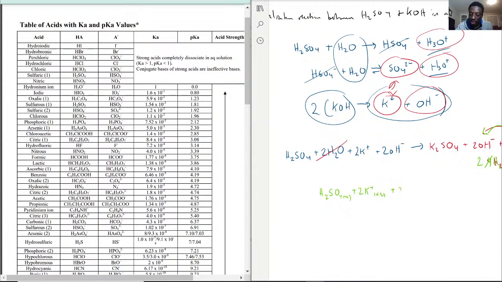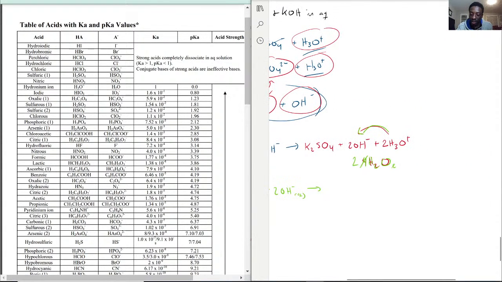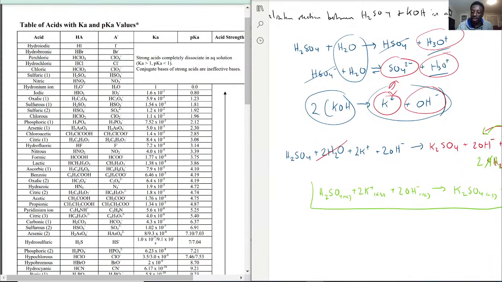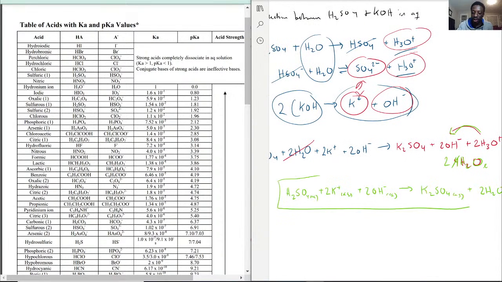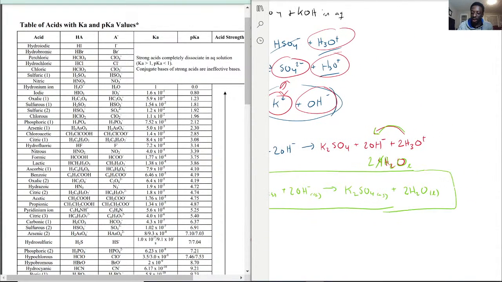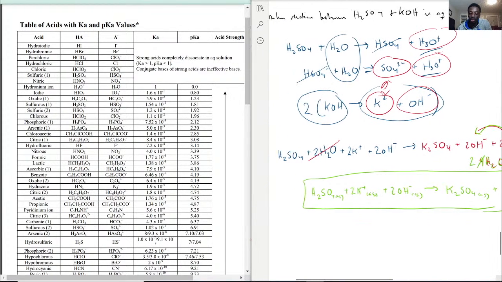Okay, plus 2OH minus aqueous turns into, and what we have left is K2SO4 aqueous plus 2H2O liquid. And as you can see, this will be balanced because we have 2K replacing the 2H, and so that's why we can get the 2H2O, because we have 2OH minus, just need a proton.